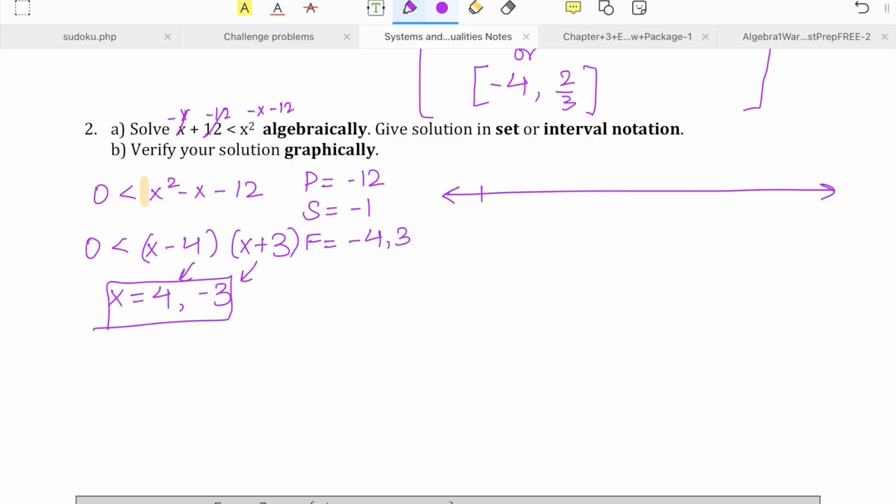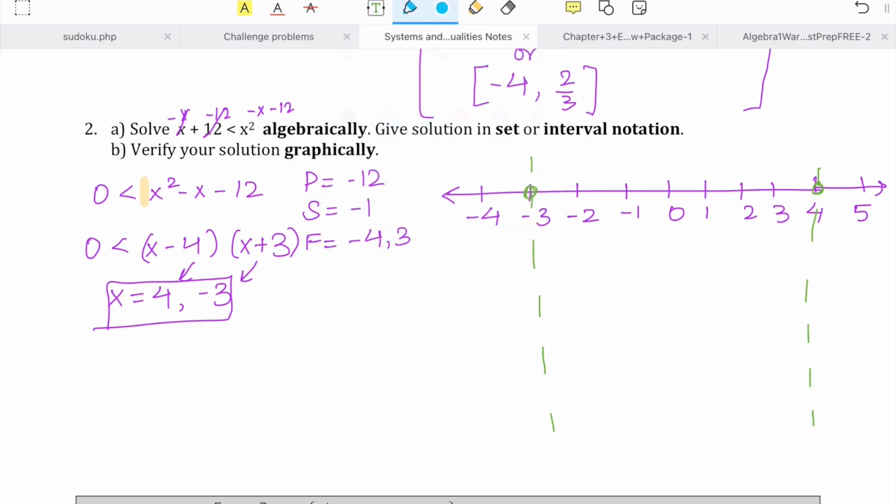So let's do -4 here, -3, -2, -1, 0, 1, 2, 3, 4, and then 5 over here. Now, is this a solid circle or an empty circle? Empty, because there's no equal to. So we have -3 and 4 as empty circles.